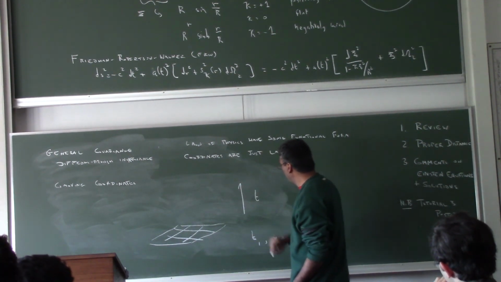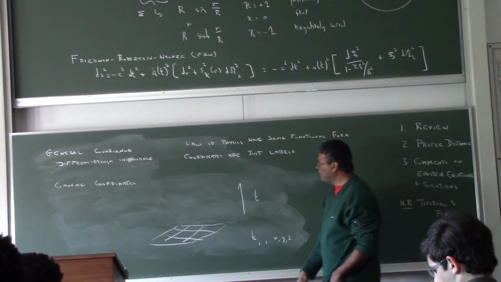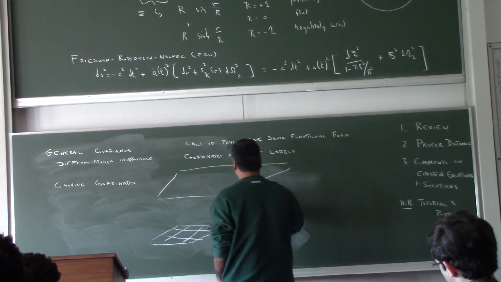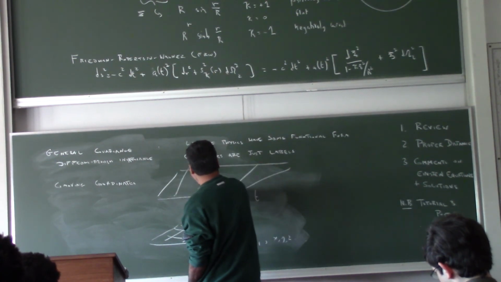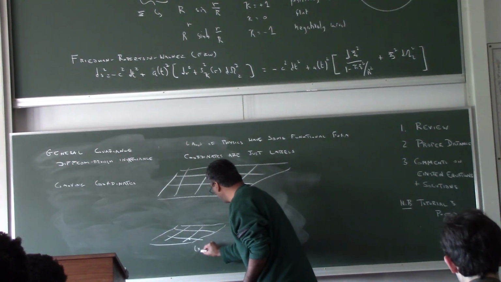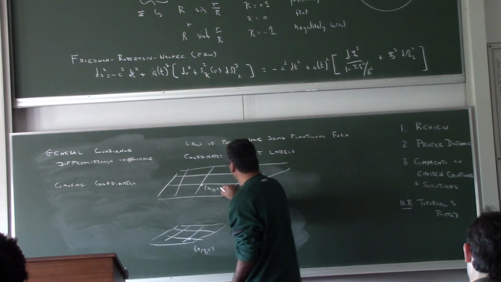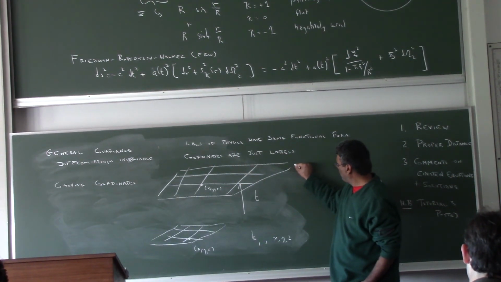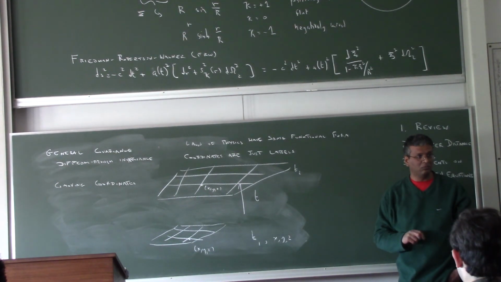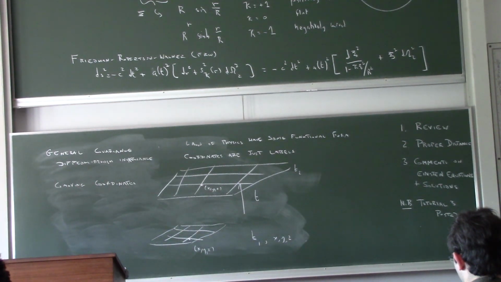And as time evolves, the scale factor we've introduced in the metrics, a of t, means the universe can expand. But the coordinates we assign here, x, y, and z, remain the same. And a of t just represents the expansion of the universe as you go from time t1 to time t2. Okay. So these are the co-moving coordinates we introduced.